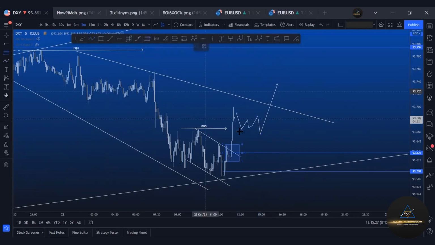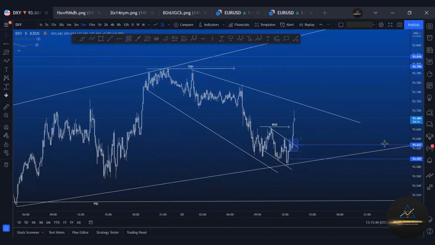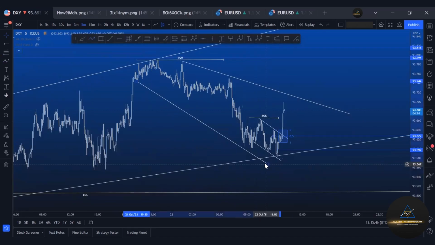So if it forms an imbalance, then we just update the pattern and we draw our imbalance. But at the moment, there's nothing to base that off for now, right? But definitely bullish. So let's update this.